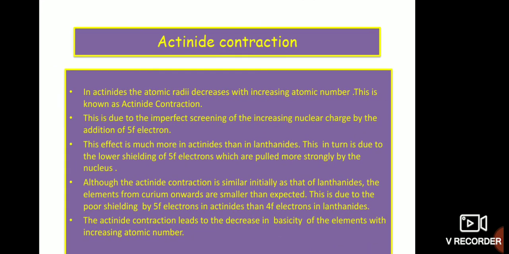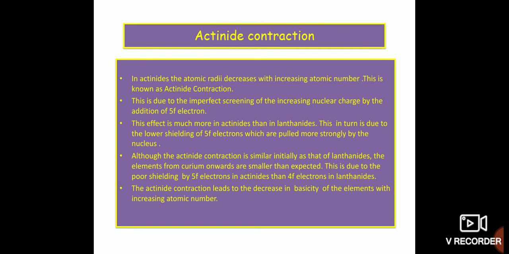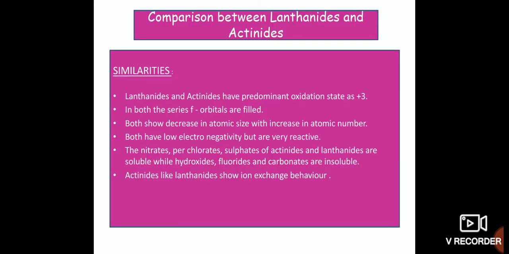And the next property is comparison between lanthanides and actinides. So magnetic properties are similar to that of lanthanides, that is, actinides also show some diamagnetic and very few show paramagnetic behavior.